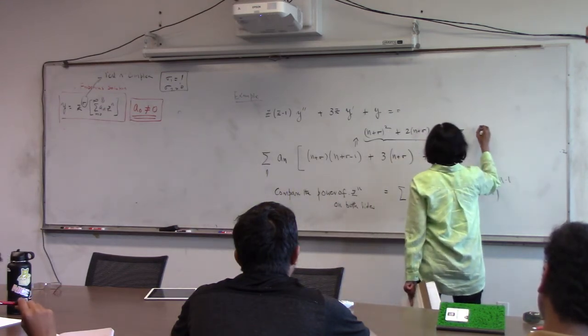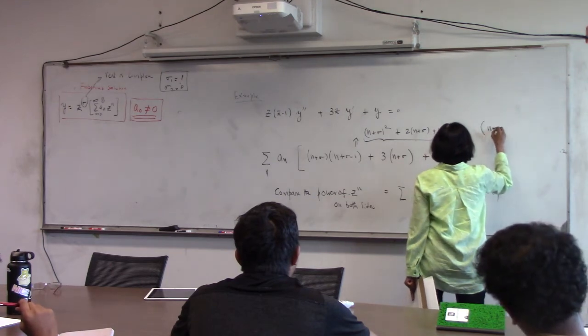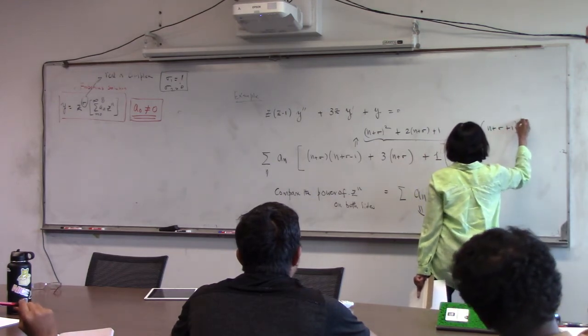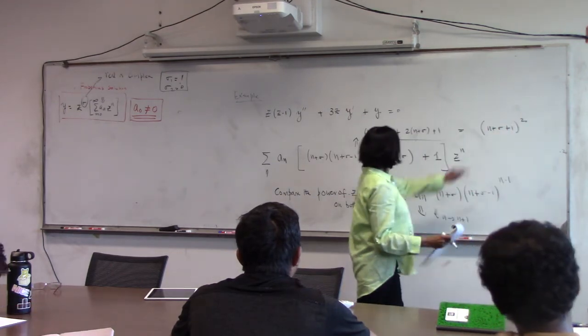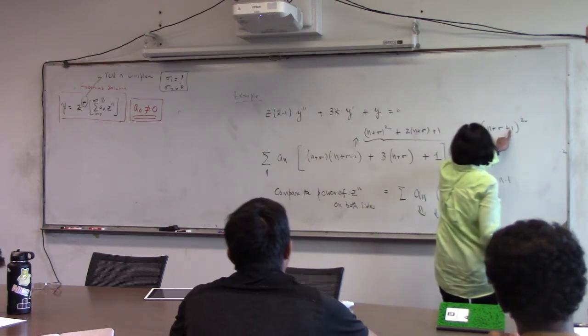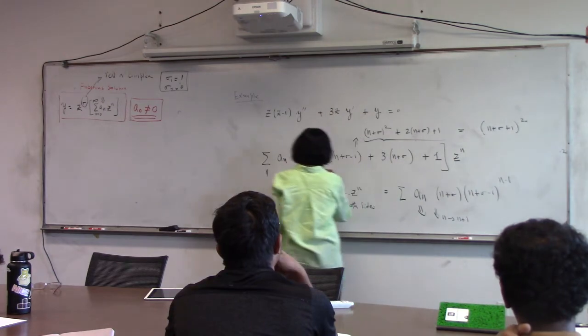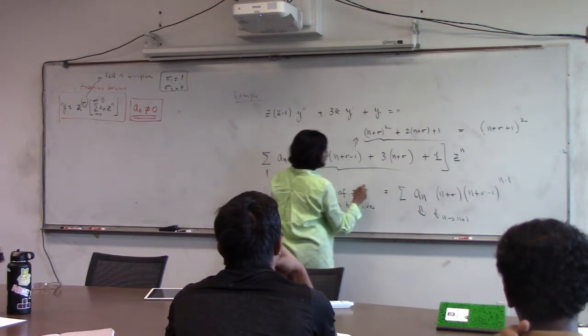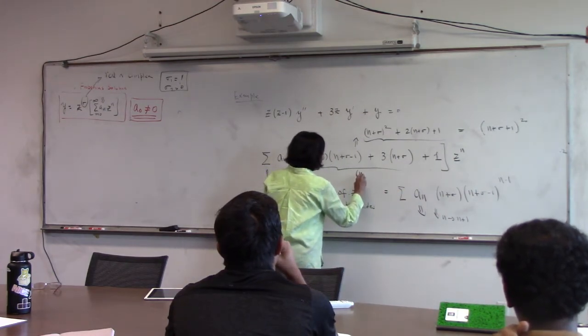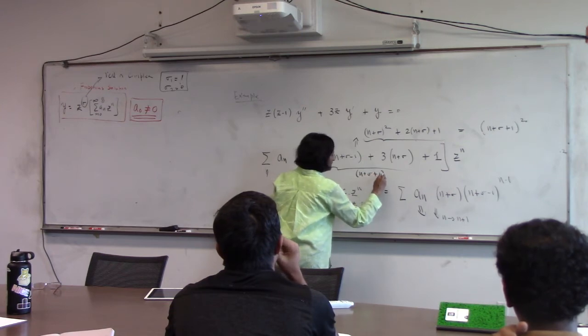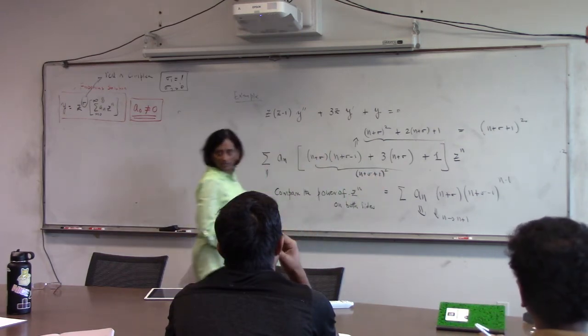So this is nothing but n plus sigma plus 1 square, right? A square plus b square plus 2 times ab. So this whole term here could be written as n plus sigma plus 1 square. Is this clear?